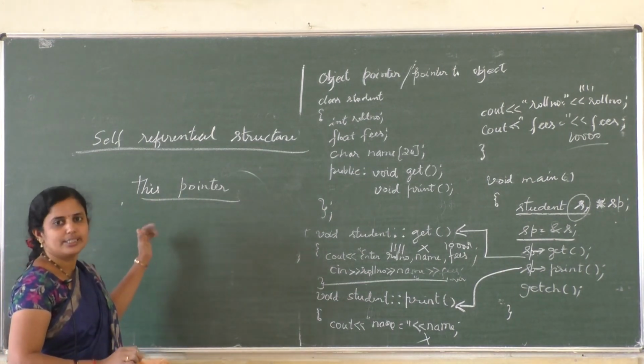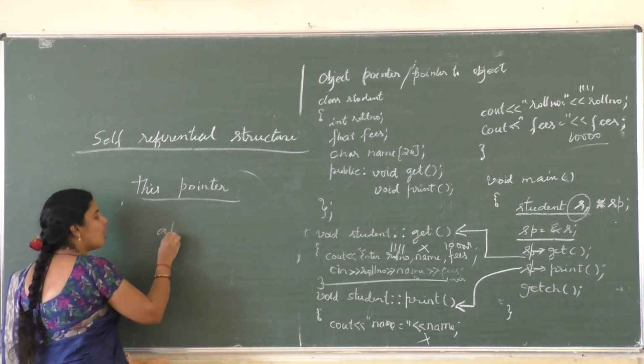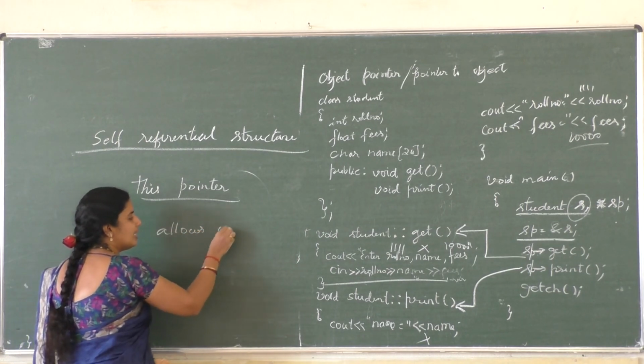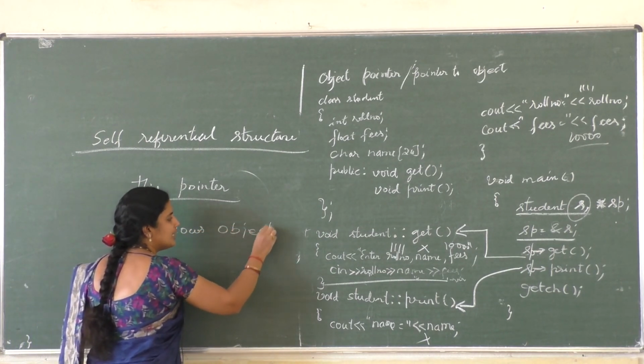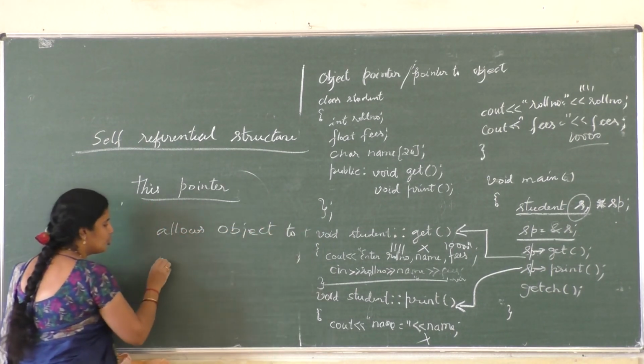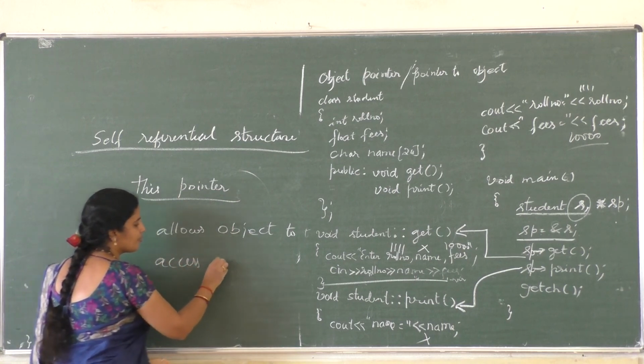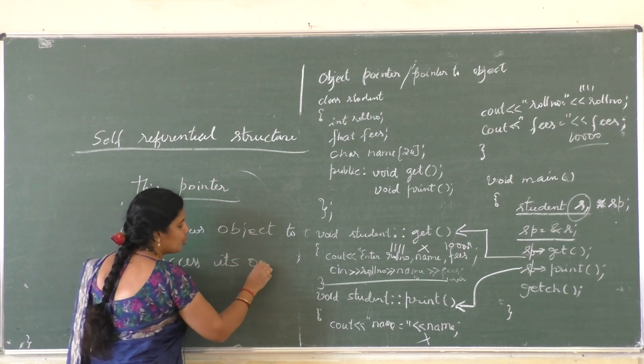The this pointer allows an object to access its own address.